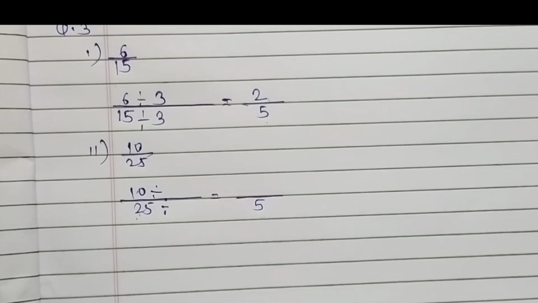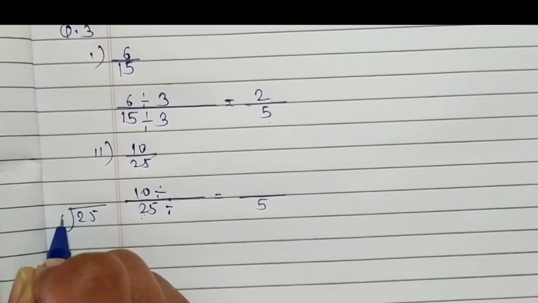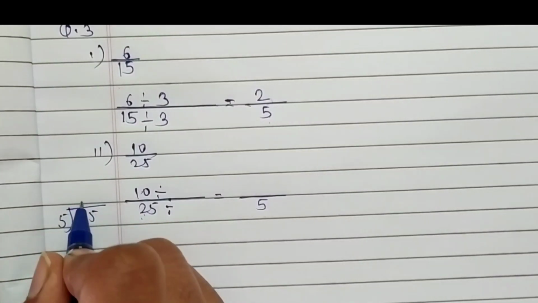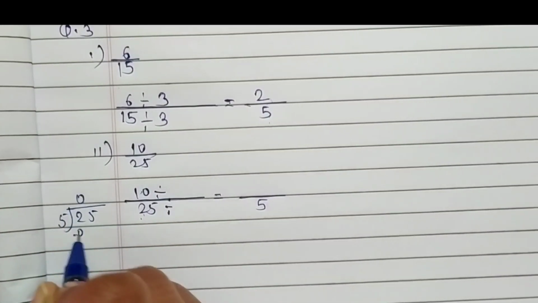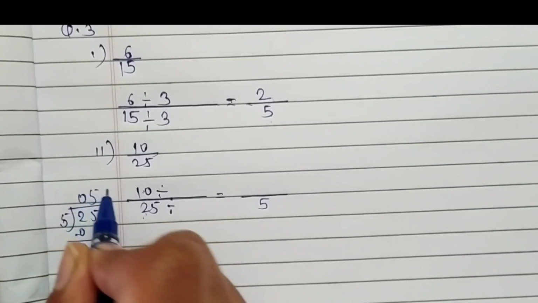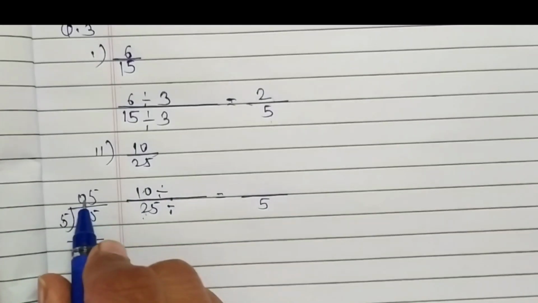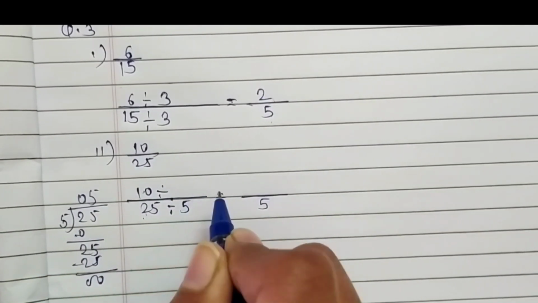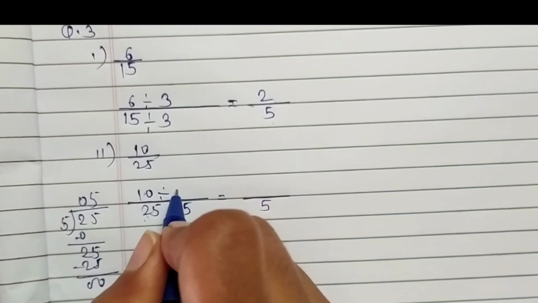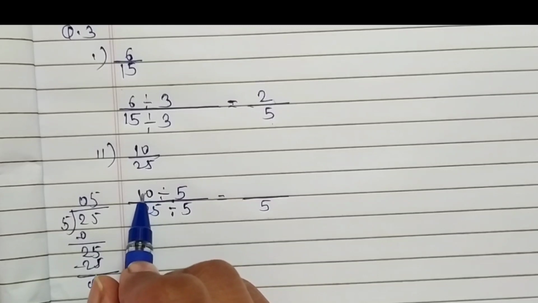Look at the 5's table. 5 5s are 25. So just divide it by 5, and divide the numerator also by 5.